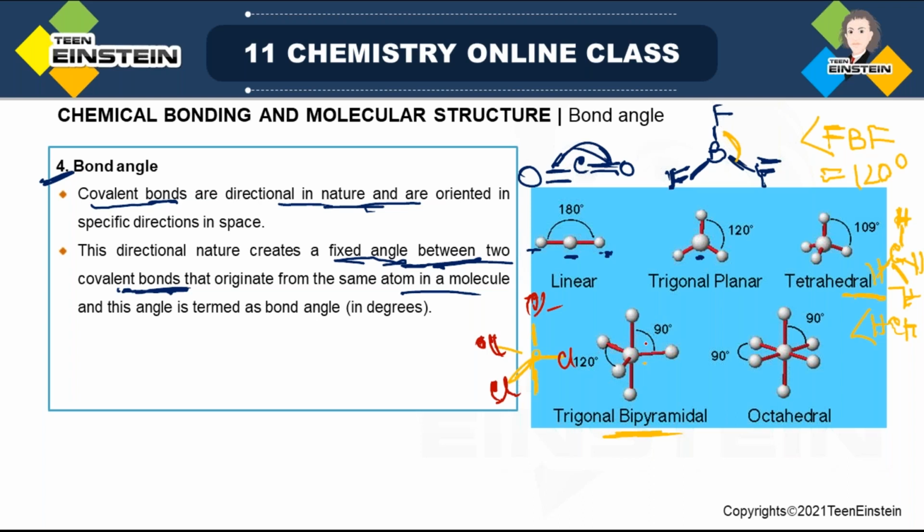As if you are joining all these three chlorine atoms, you will get a triangle type of shape. And this ClPCl is as if vertically passing through this trigonal shape region.